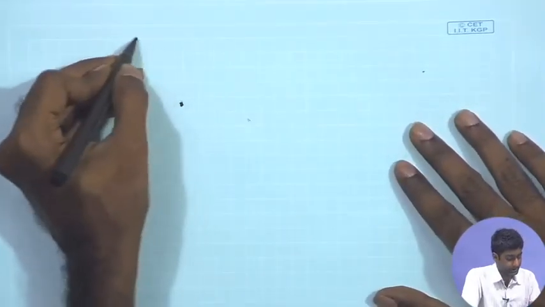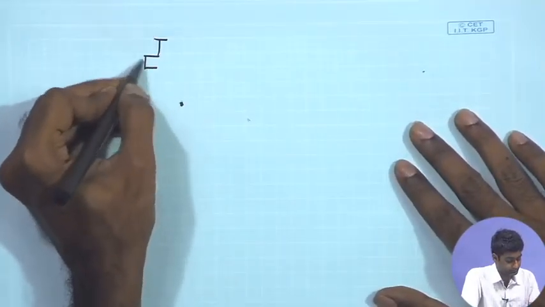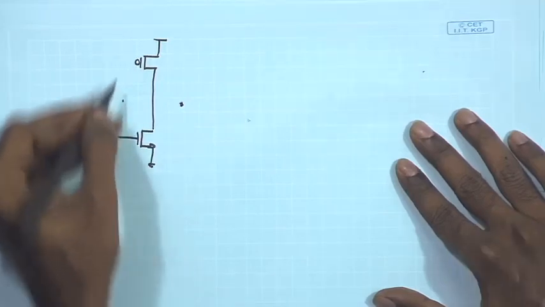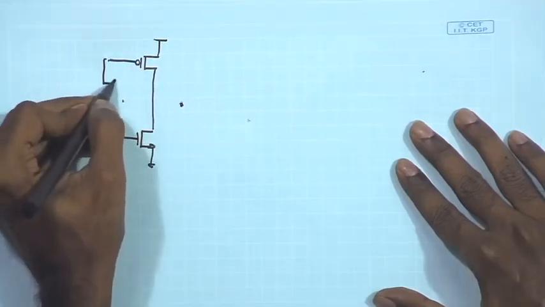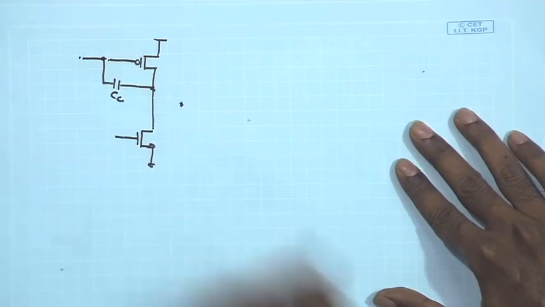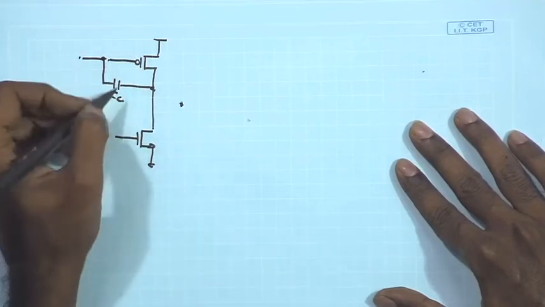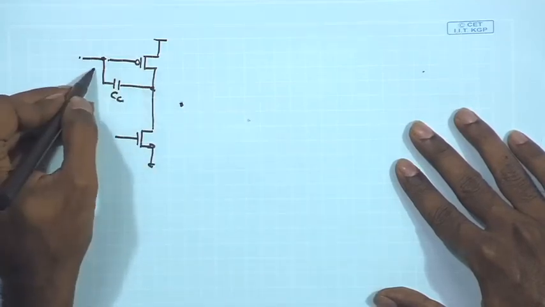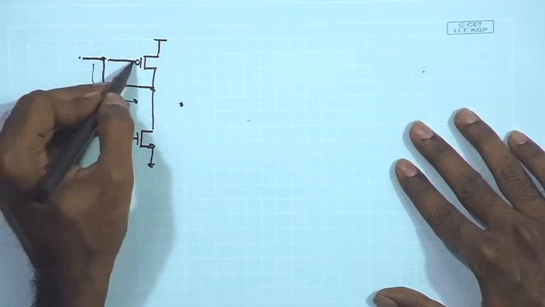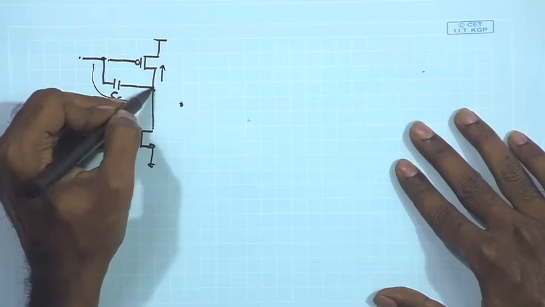So, if I look at the second stage, you have the CC between the input of the second stage and the output for compensation, and as a result we have two different signal paths: one coming from the input to the output through the CC, and another coming from the drain of the MOSFET.